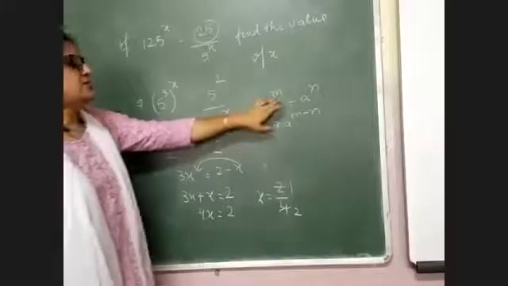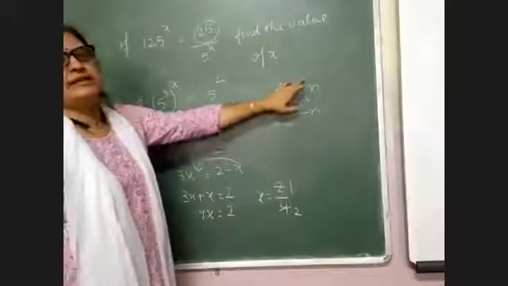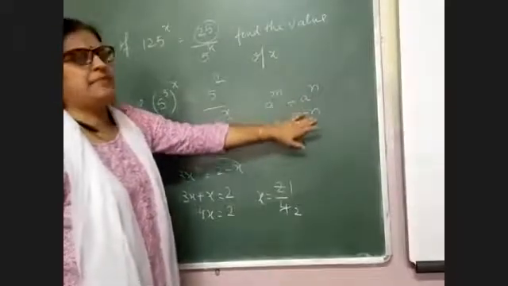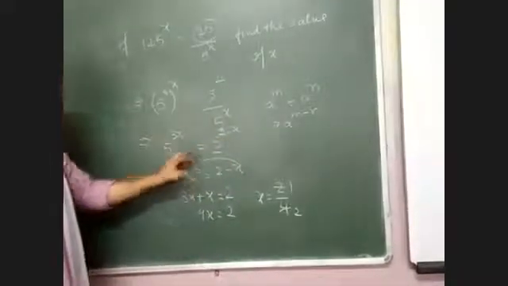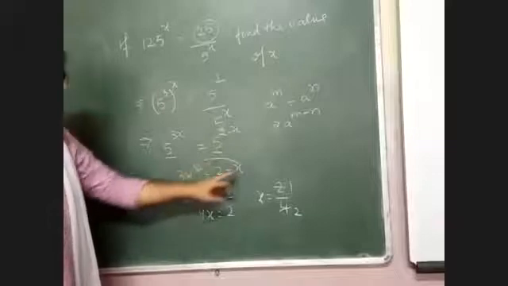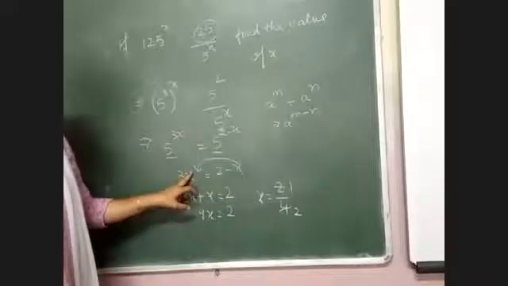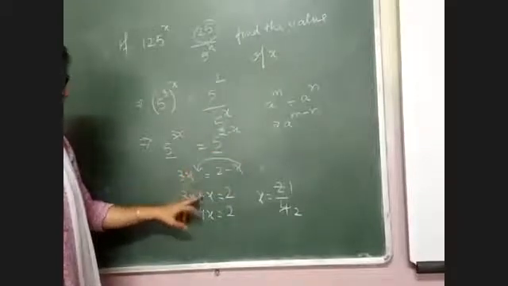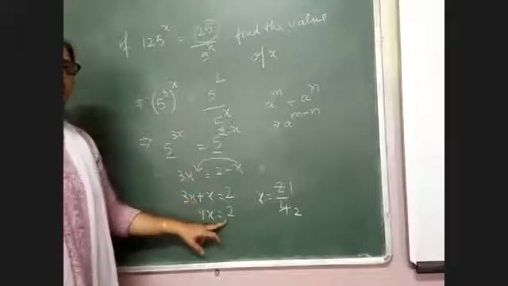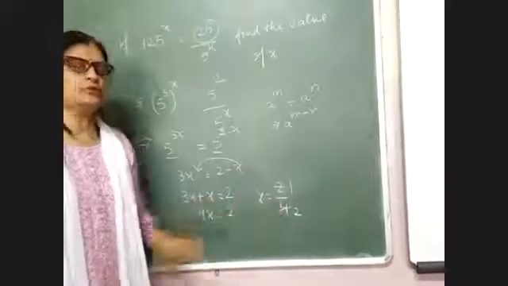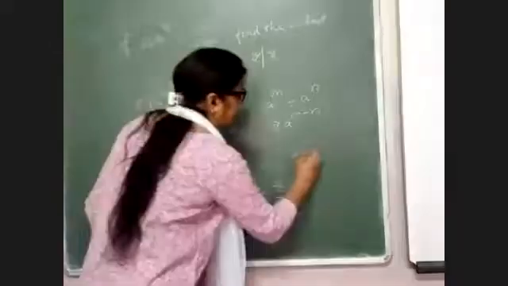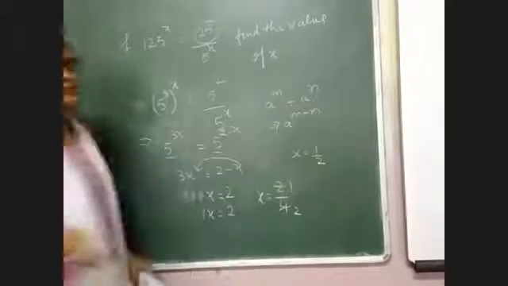And a raised to the power m divided by a raised to the power n becomes m minus n, so 2 minus x. Now the bases are equal, the powers are also equal. Minus x comes to the left hand side and becomes positive. So 4x equals 2. Then the value of x is 2 upon 4, which equals 1 upon 2.